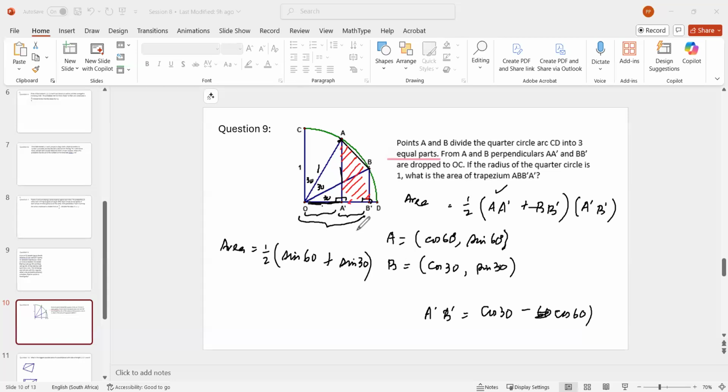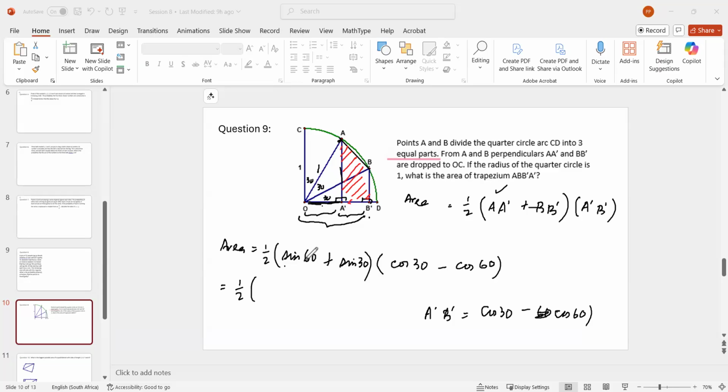All right, so we need to multiply these two things. So remove these to create some space here. So put this down here, you get cos 30 minus cos 60. Right. Now you got four different ratios here, but if you look at the sine of 60 is the same as cos of 30.